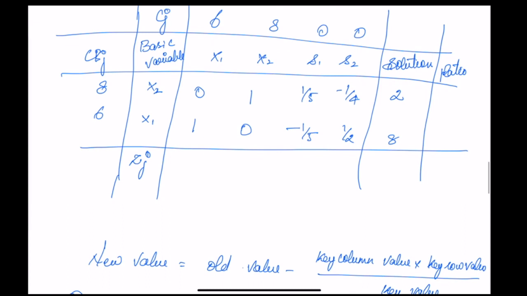Zj, now we have for the first, 8 into 0 plus 6 into 1. That is 0 plus 6, which is equal to 6. Next we have 8 into 1 plus 6 into 0, which is equal to 8.